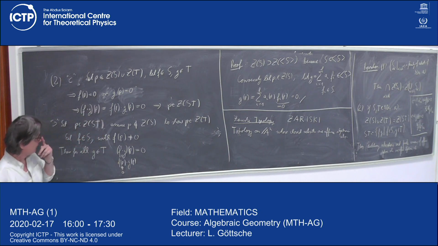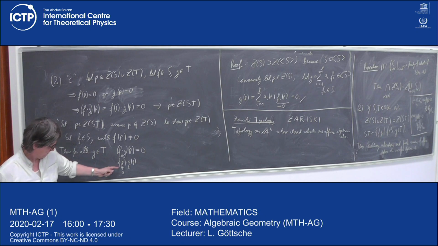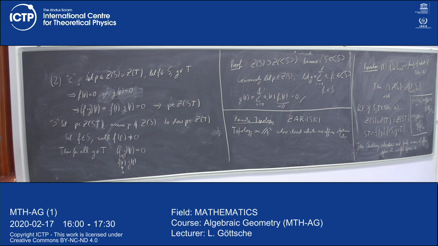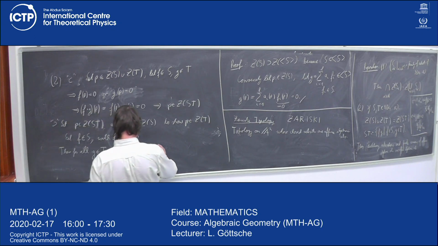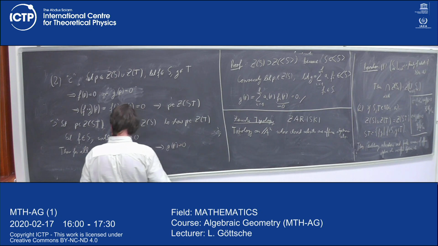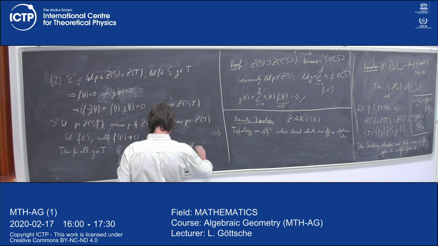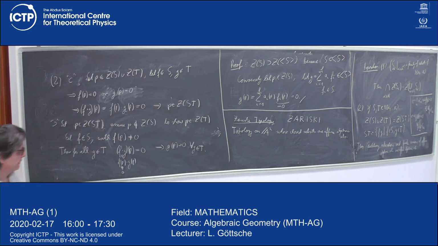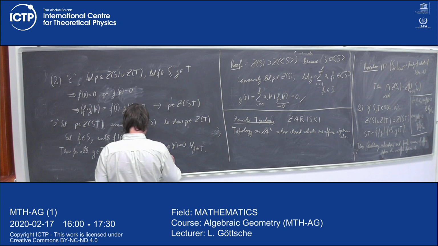Therefore, as these are just elements in K, if the product is 0, one of them must be 0, thus it follows that G of P is equal to 0 for all G in T. Okay, so in other words, P is in the zero set of T.